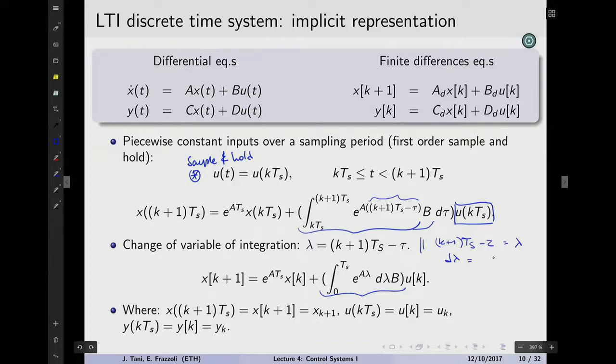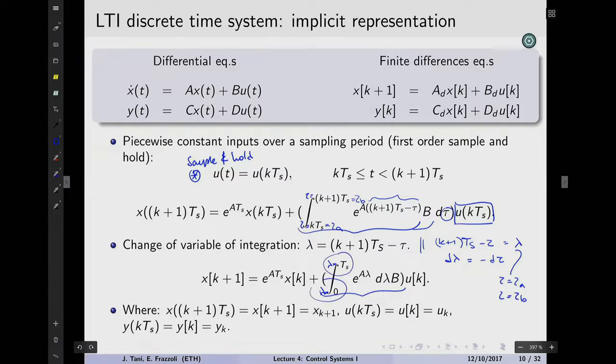The d lambda is therefore going to be equal to minus d tau, and everything else is constant, so you don't differentiate it. And then if we evaluate, here, of course, this integral is expressed in tau, which means these extremes are tau equal. Now we have to re-express them as lambda equal, because we did a change of coordinates. So we just plug in, let's call this tau A and this tau B. We plug in first tau A, then we plug in tau B, and we get these two extremes here.